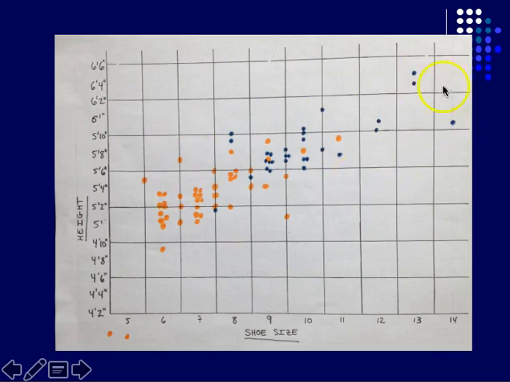So when you look at this, if I asked you to draw a line through this data, a straight line, kind of through the middle of those data points, in other words, half the points would be above or below, some may fall right on the line, but half would be above and half below. Do you think you could do it? Where would that line be? Would it go this way?